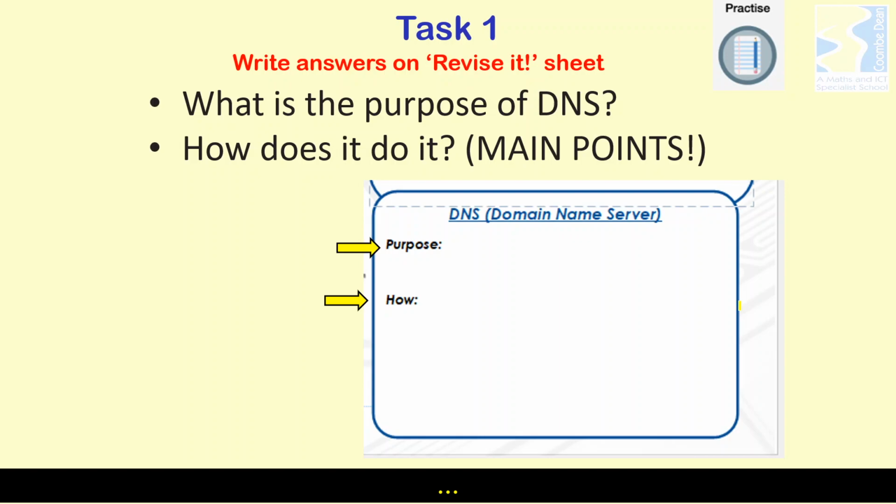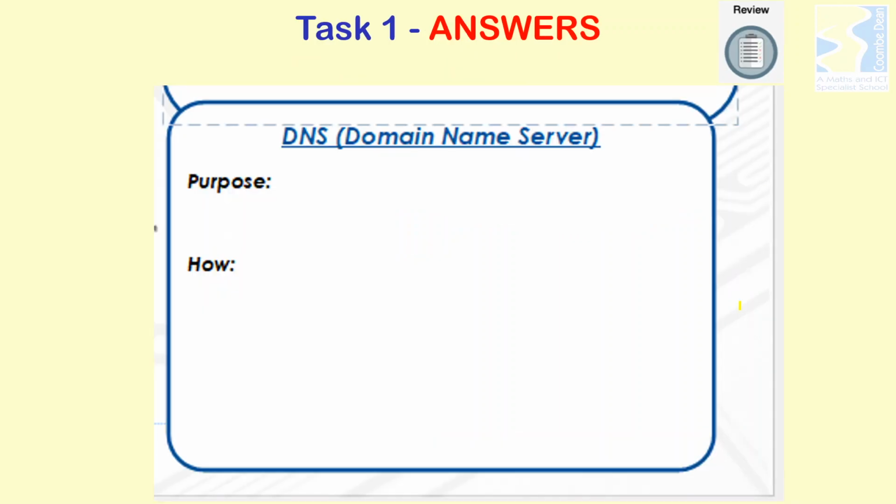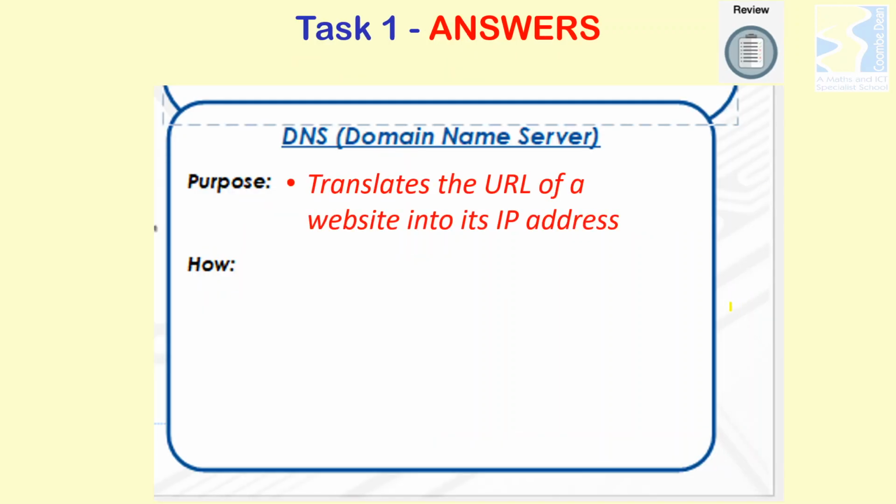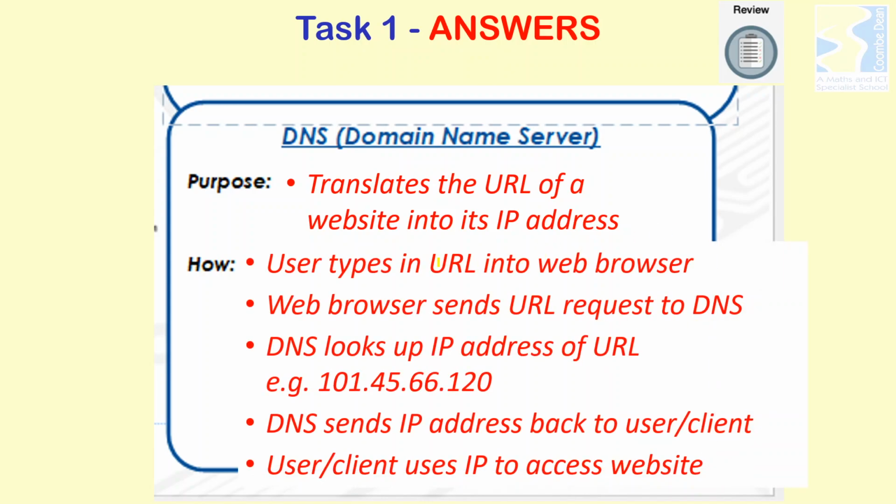Okay, let's check and see what you've got. So the purpose, again, is to translate the URL of a website into its IP address. How does it do it? The main points I'm looking for: the user types in the URL of the website into their web browser. The web browser sends a request for the URL to the DNS.